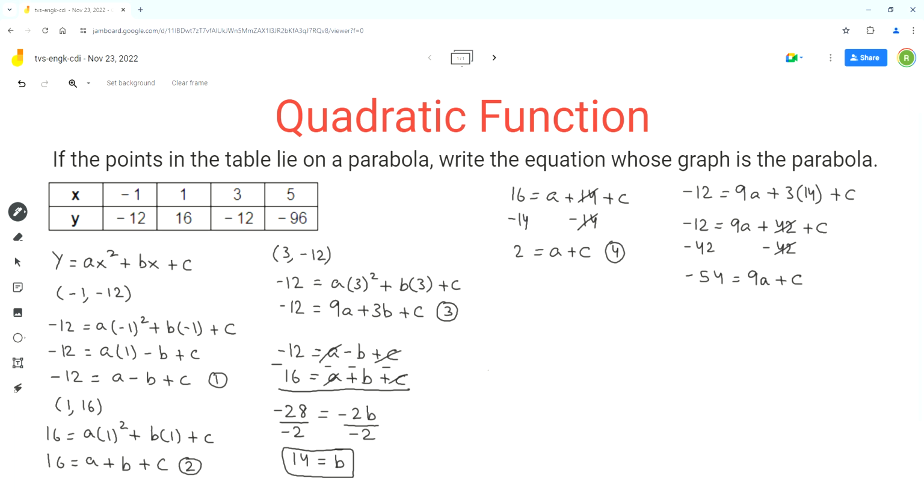This is our fifth equation, and it has just a and c. Now we can solve equations 4 and 5 to find the values of a and c.